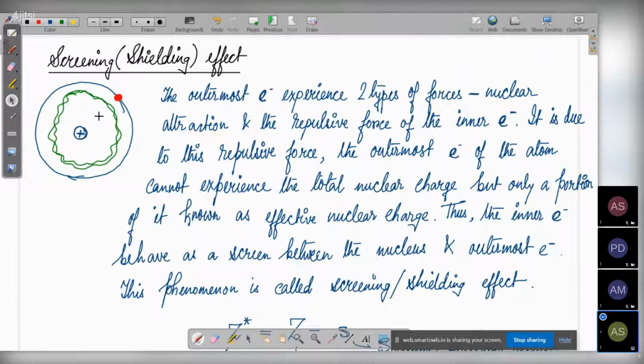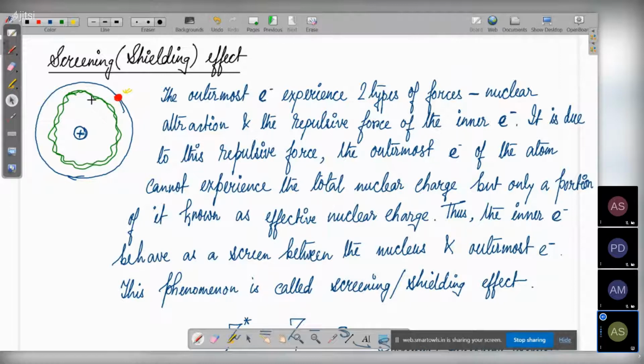So there are basically two types of forces acting on this electron. One is the force of attraction by the nucleus, attracting the outermost electron. Another one is the force of repulsion, by the inner electrons, because everyone wants to remain away from each other.